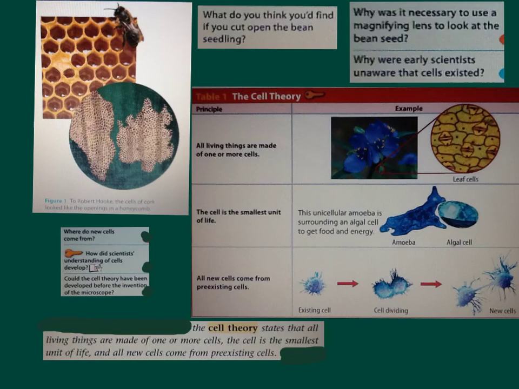Okay, so let's quickly take a look at this diagram here, and we're going to concentrate mostly on this. The leaf cells. Each one of these little things is a cell. Okay? If you take a look at it, all of them are individual, each one of these. But they're pushed so close together that they form our flower or our leaves of the flower.